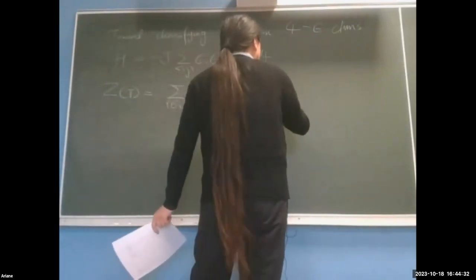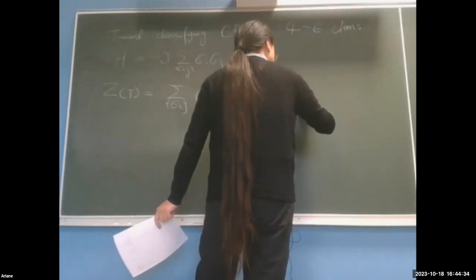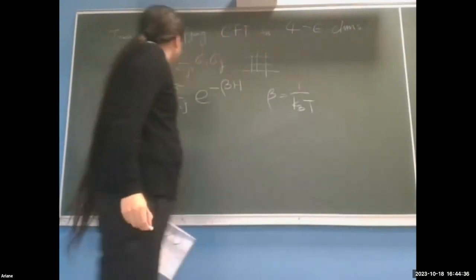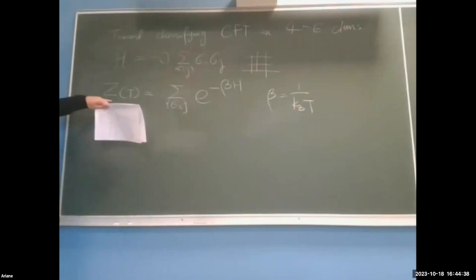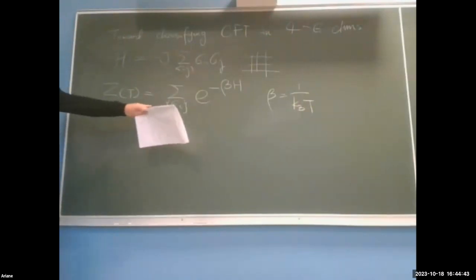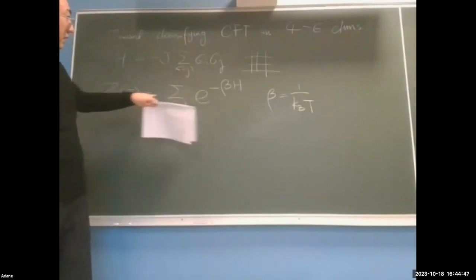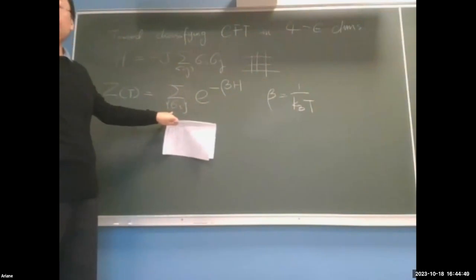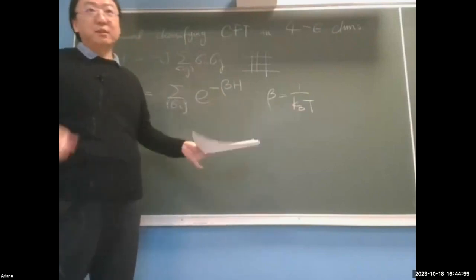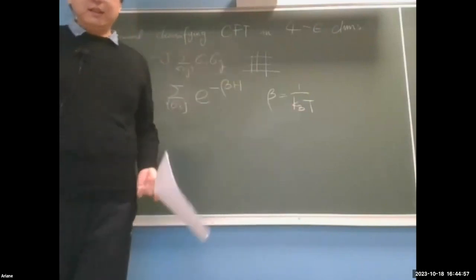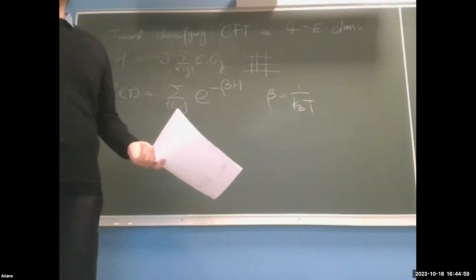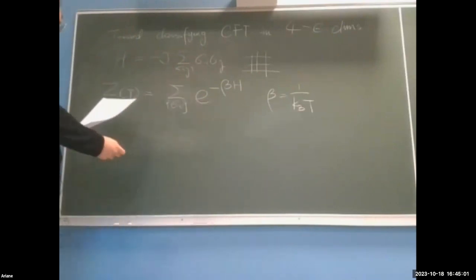And beta is 1 over the temperature. We call it a potential function, but it's really a probability measure. Well, I haven't normalized it yet. You are summing over all possible configurations of the spin. And using this, you are supposed to calculate expectation values. Because it's a probability measure, you can calculate the expectation value.